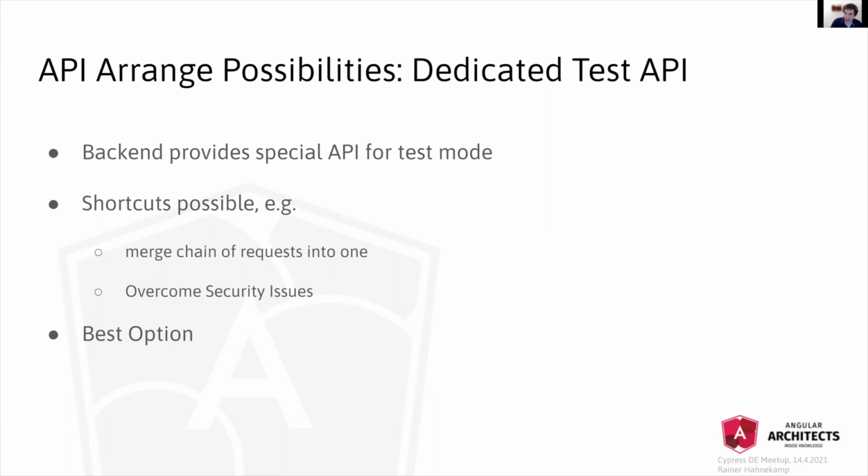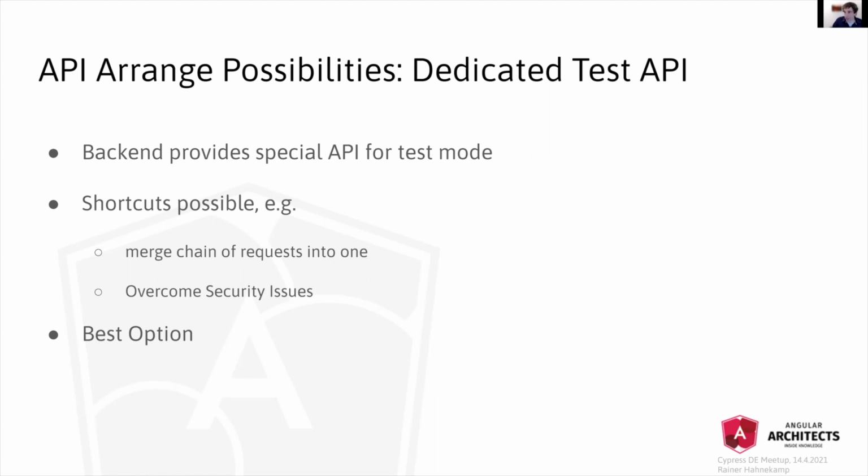But first of all, you could have in your backend that they say, okay, this is a testing system, so the token for the activation is fixed. It's always the same token in the backend. If this is not possible, then maybe you have a special endpoint that returns you the activation key for a particular user. So this is also something that is possible.